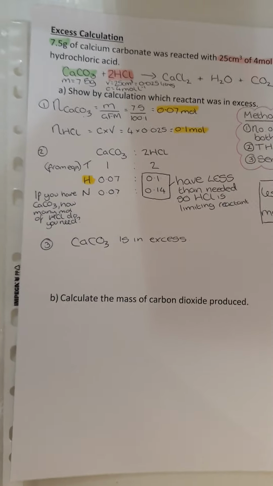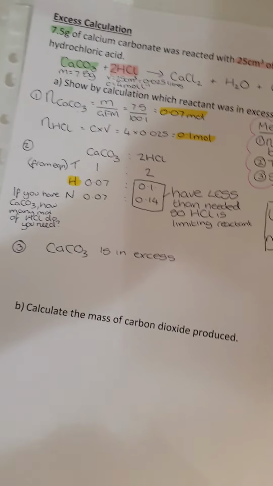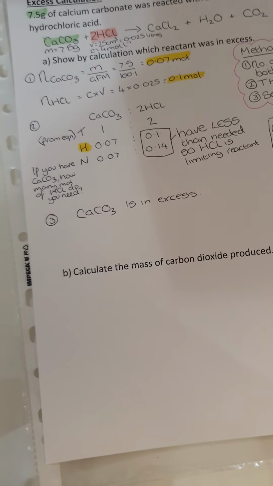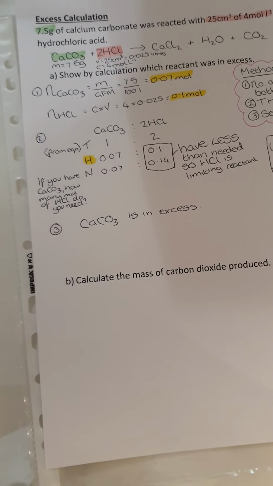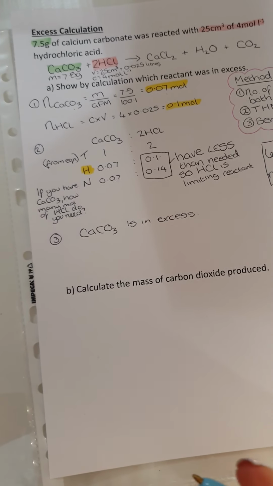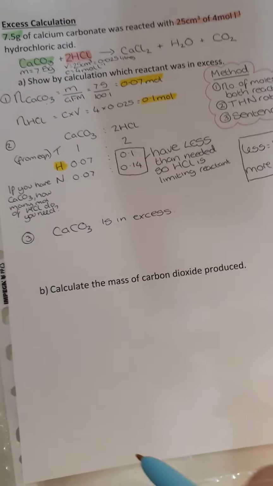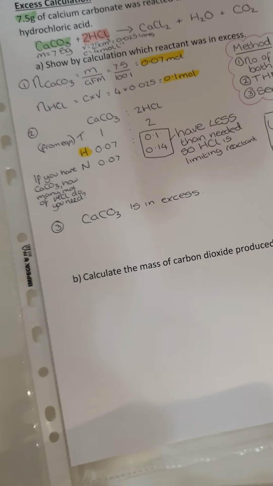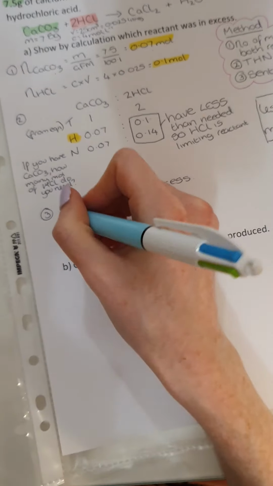I'll add an extra note here just to point out some extra parts that may be referred to in questions. You may be asked to decide how much is it in excess by, or how much is left of it. So in that case, you decide, well, how much did you use of the limiting reactant?